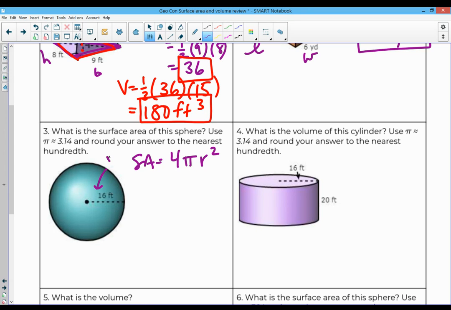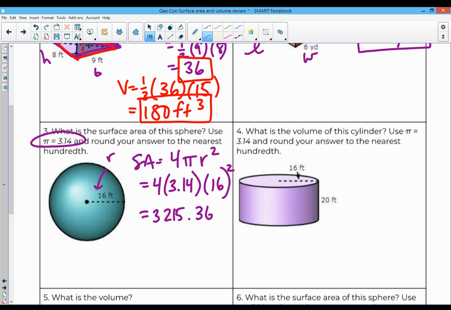So we have 4, and instead of pi, we're using 3.14, and then the radius is 16 squared. I'm going to plug it in just like that: 4 times 3.14 times 16 squared. That gives me 3,215 and 36 hundredths. So I'm already at my hundredths. And since that's surface area, that'll be square feet.